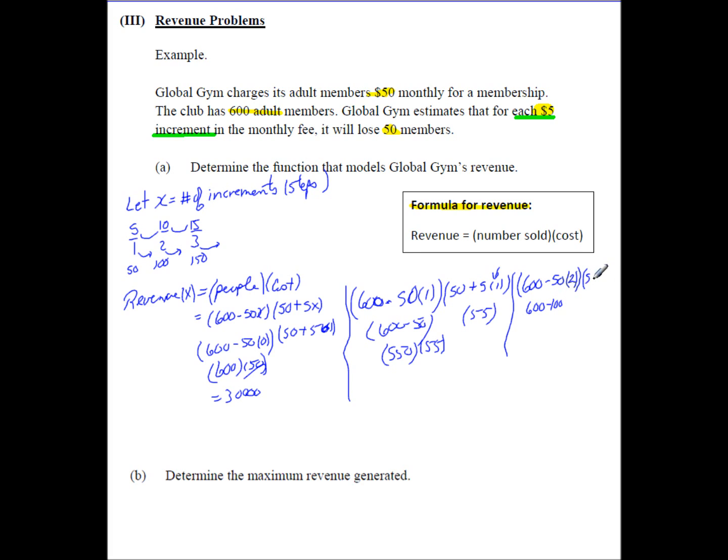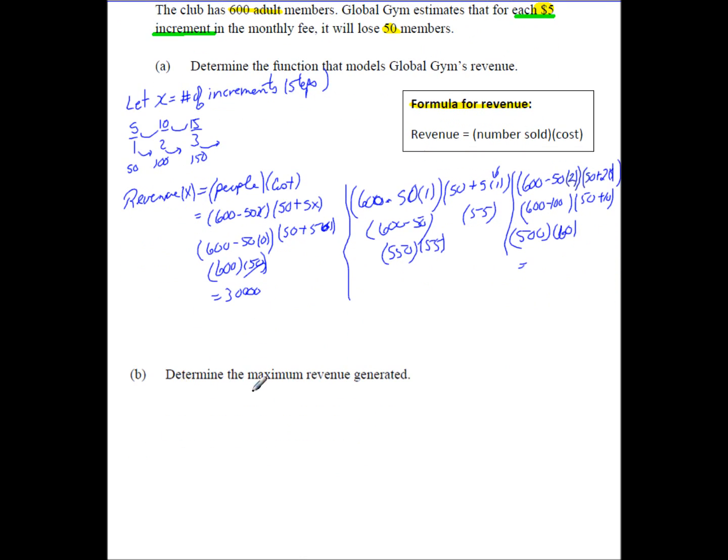But the trade-off again, you have 50 plus another $5 increment, 2 times 5, or 50 plus 10, so 500 people now, but each of them are paying $60. So we use that to determine the maximum revenue generated.